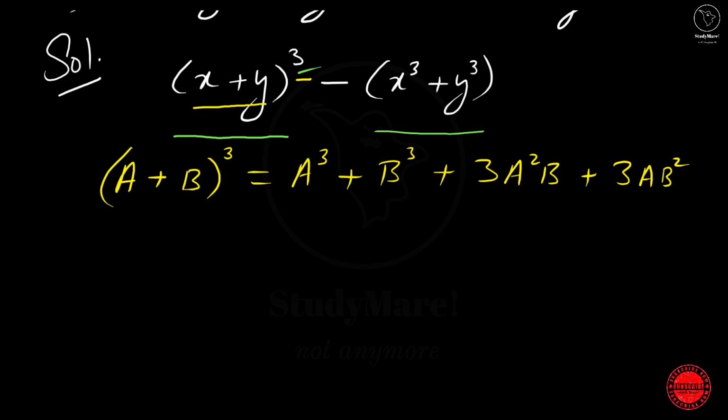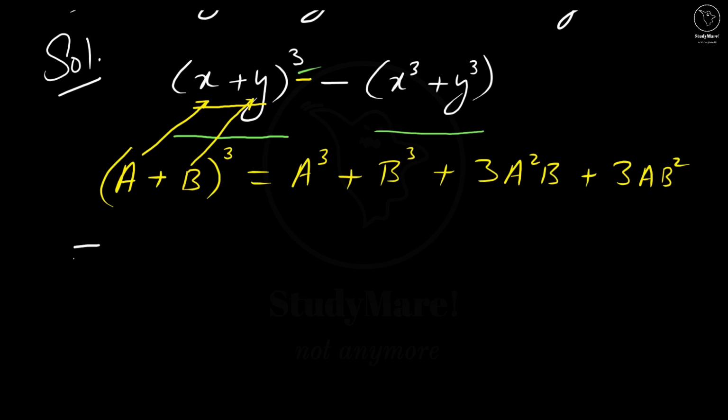Let's apply this identity. Here a is nothing but x and b is nothing but y, and you don't have to replace any digit or any other number. It is straight away a as x and b as y. This is nothing but the straight formula, which makes it way easier.